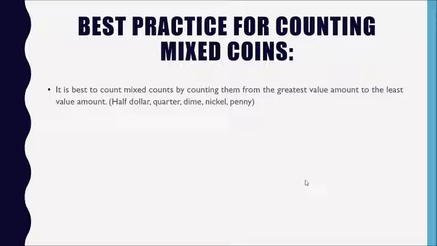It is best to count mixed coins by counting them from the greatest value amount to the least value amount. If you look at the parentheses, I have ordered them from the greatest value to the least value. So take a look. The greatest value would be the half dollar, then the quarter, then the dime, then the nickel, and last is the penny.